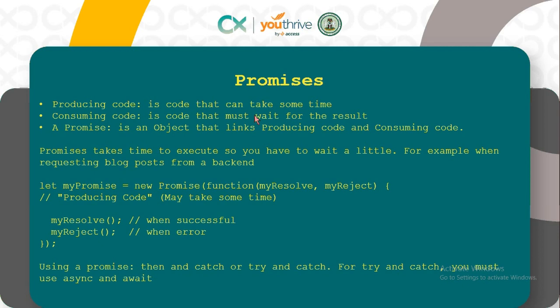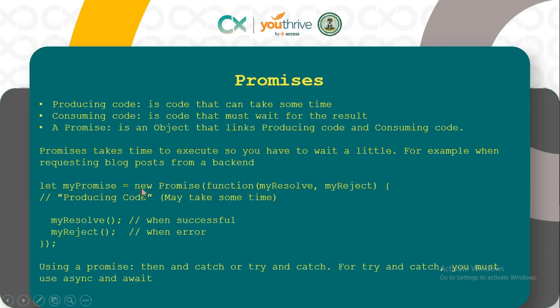Then to create a promise, this is the syntax. Okay, just store it in a variable. So this is the syntax, but I'll use an arrow function for my own. So we have let myPromise be equal to new Promise.